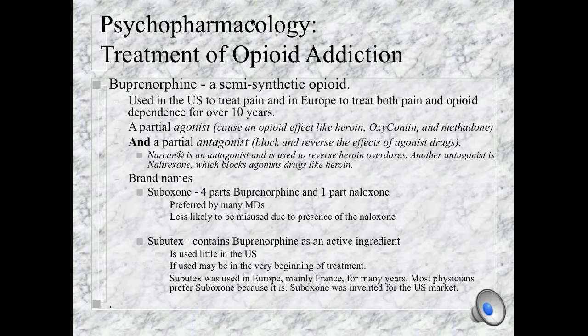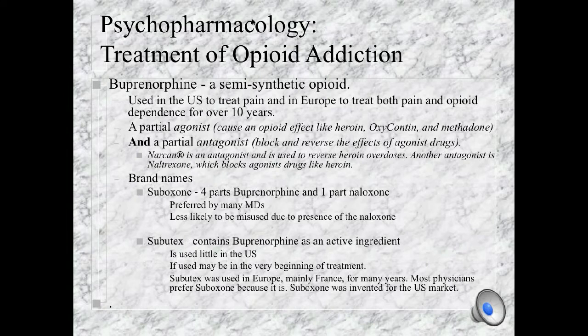Well, when you add Suboxone, which is buprenorphine and naloxone, the person won't achieve a full high, and so it really keeps them from shooting up.